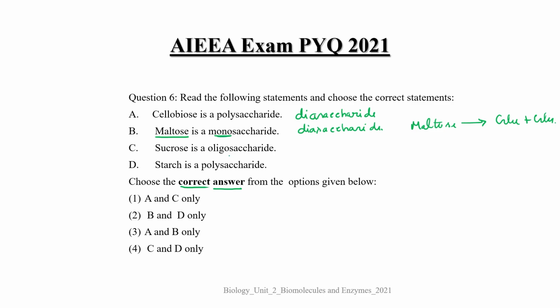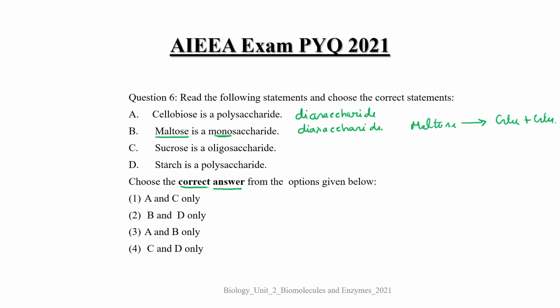Sucrose is an oligosaccharide. Yes, sucrose is a disaccharide, but it is considered under the oligosaccharide category because a few molecules, up to a few hundred molecules, come under the oligosaccharide category.